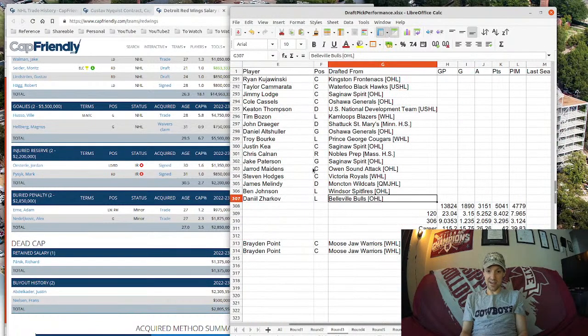So, and again, it's a 3 in 306 chance that you're going to get a point per game player out of a draft pick, and it's like, geez, it's not so good.